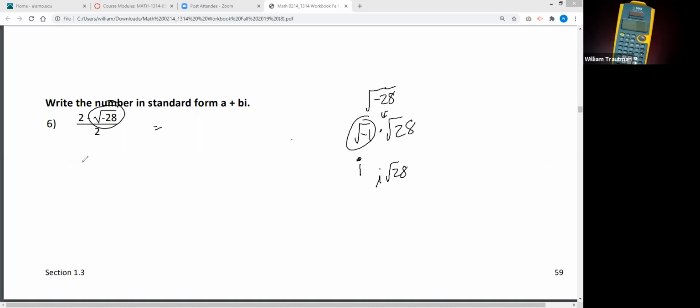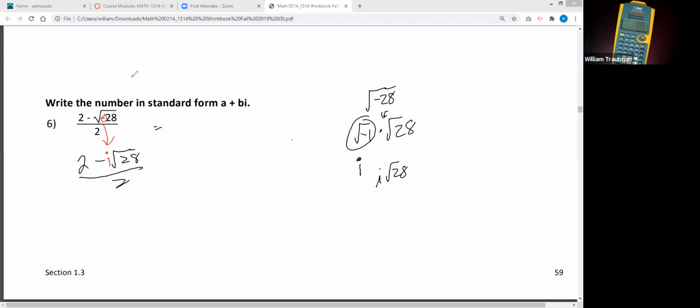So on your calculator, you have to be able to do this whole thing. I'm going to put this in my calculator exactly as I see it. I know later on I'm going to end up putting an i in front of this because that's where that negative comes from.